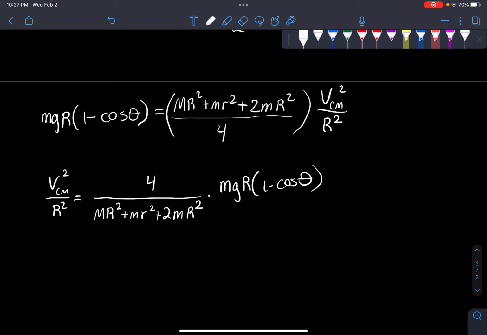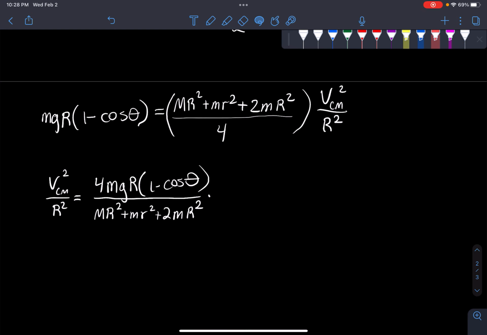Okay, and then I'm just going to multiply both sides by r squared to get the velocity of the center of mass squared isolated. And instead of rewriting, I'm just going to do a little rearranging like this. So this 4 can go over there. This can move onto the numerator like this. Get rid of this sign.